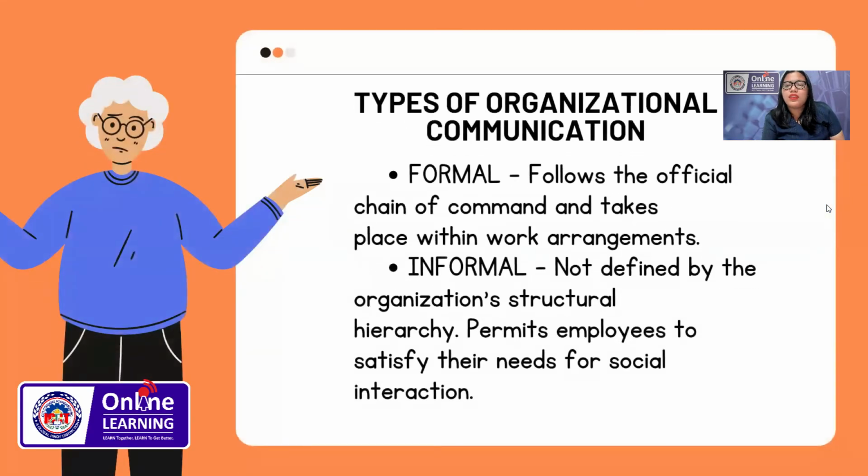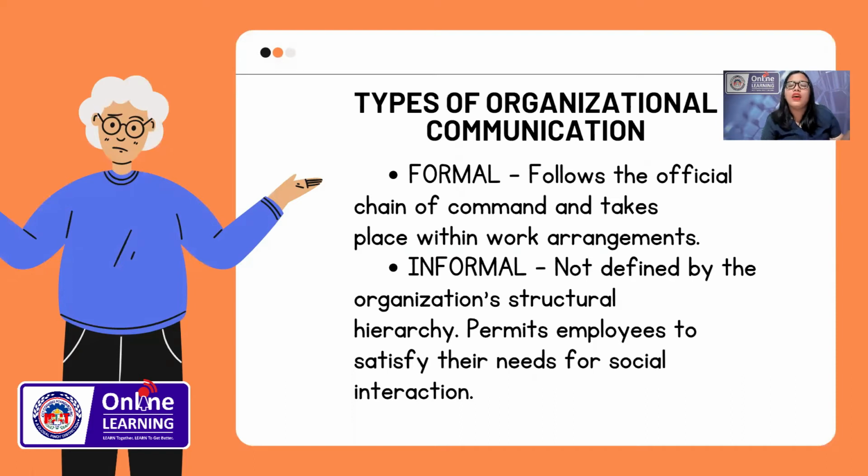The next one is the different types of organizational communication. Number 1 is formal. You are following an official chain of command from your head chief. While informal is defined by the absence of organizational structure or hierarchy. It permits employees to satisfy their needs for social interest.